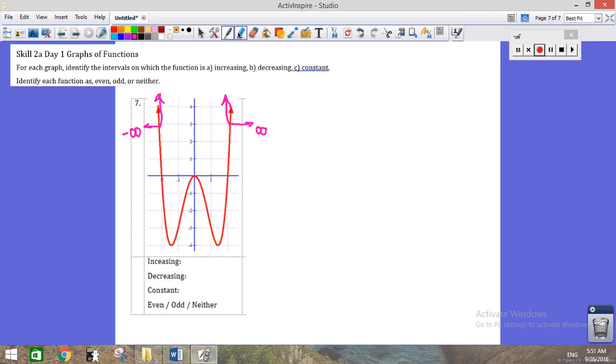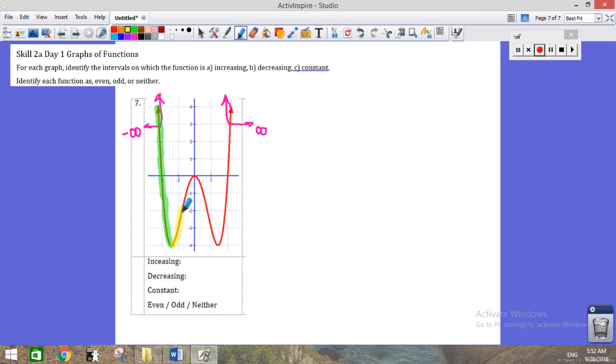So we can relate this idea of increasing, decreasing, and constant to our idea of slope. As I come in from the left, I'm going down. So as x increases, as I move from left to right, the y values are decreasing until I get down to this minimum point down here, and then it changes and I begin to go up.